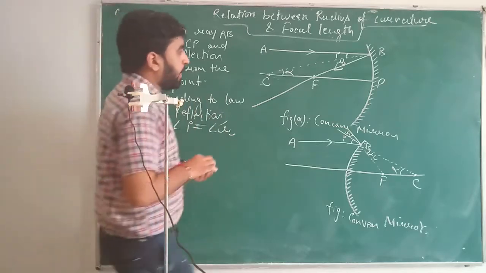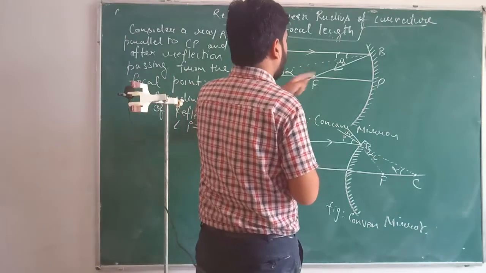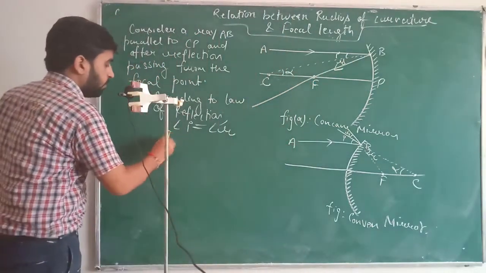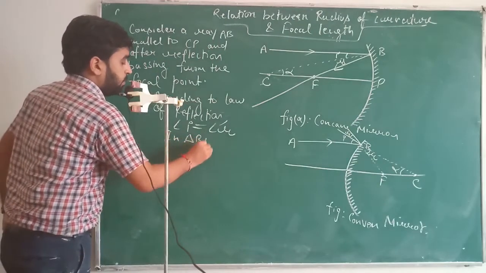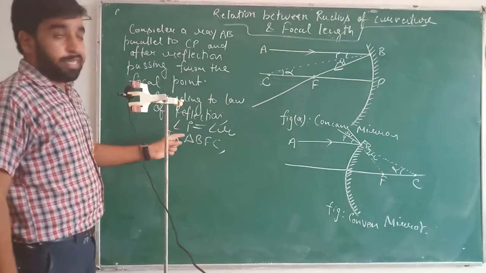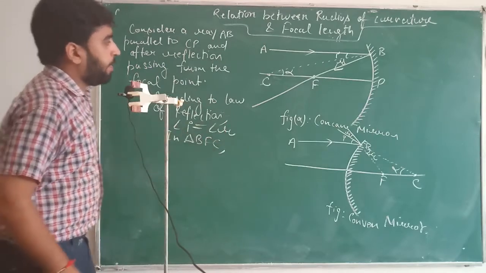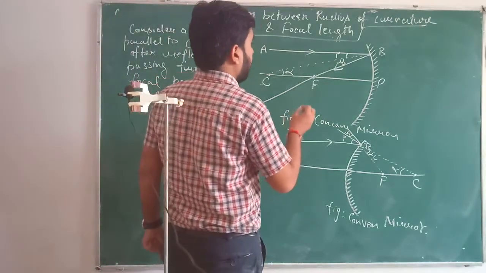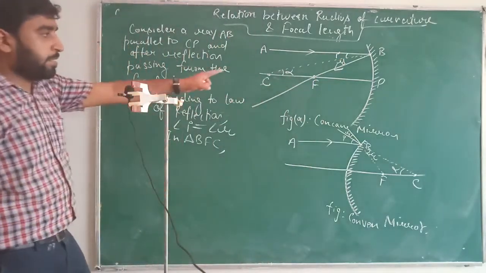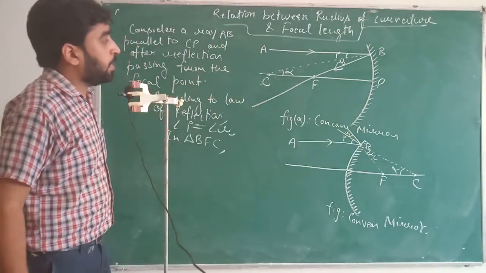Now let us check this condition in triangle BFC. In triangle BFC, we already know angle of incidence is equal to angle of reflection.